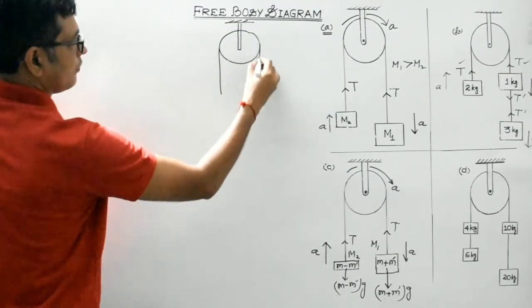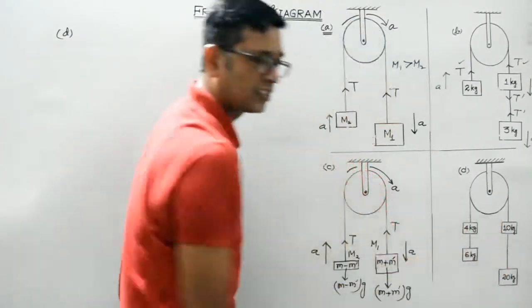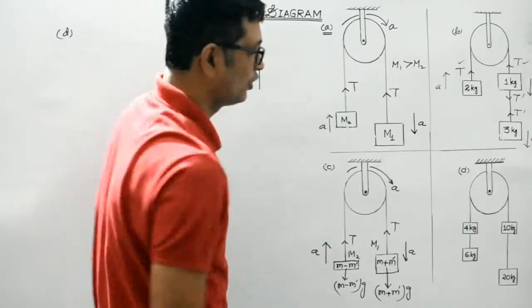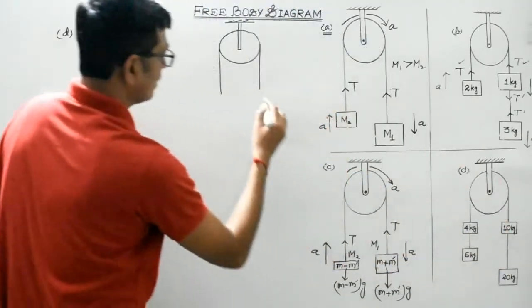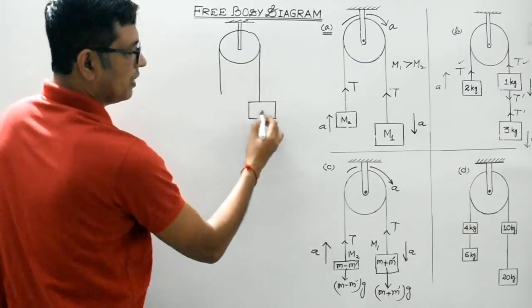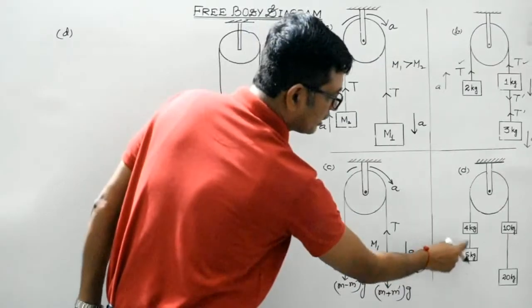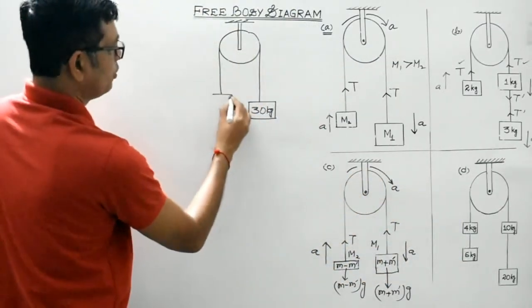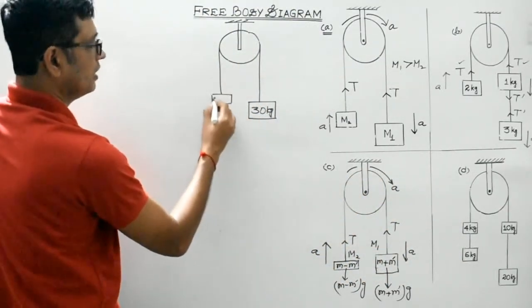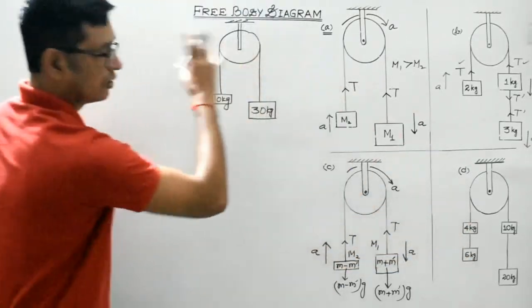This is 20 plus 10 and the mass of the string is considered to be negligible. So 20 plus 10 can be replaced by a body of mass 30 kg. Right? Here it's 6 plus 4, so it can be assumed to be replaced by a body of mass 10 kg. So this portion gets reduced to this one.